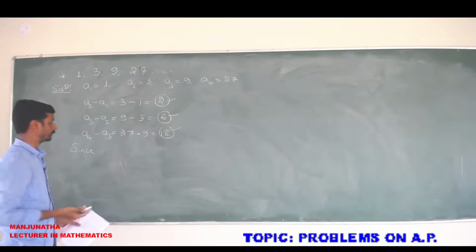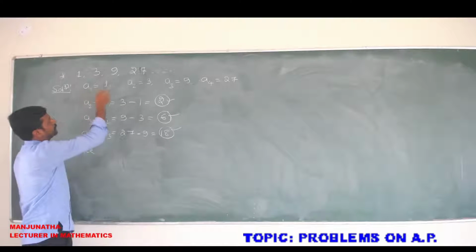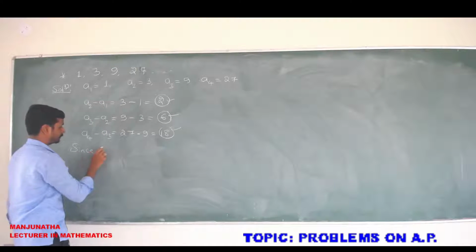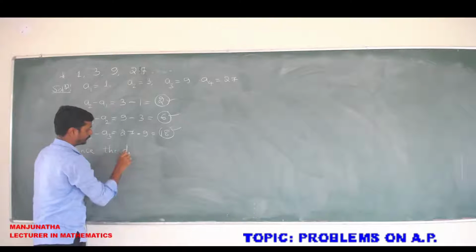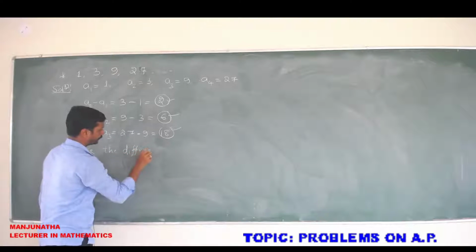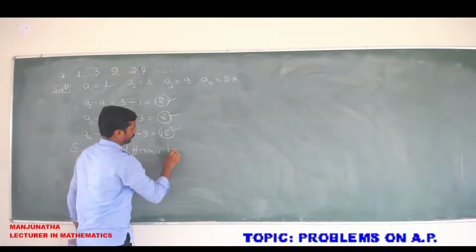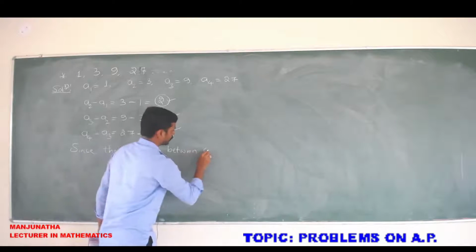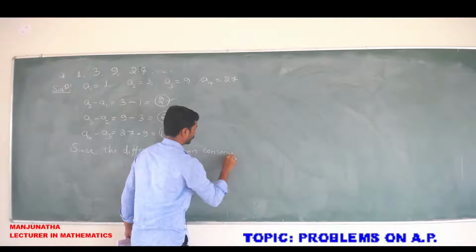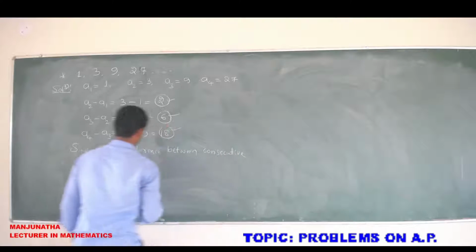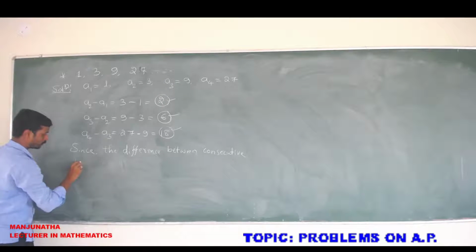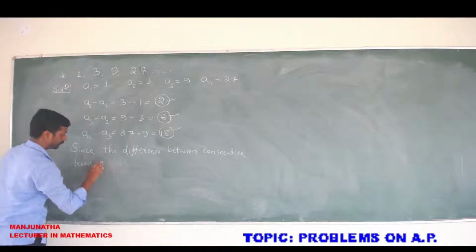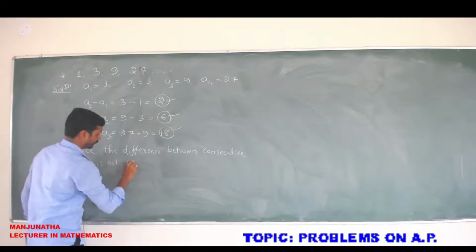They are not constant. Therefore this sequence is not an arithmetic progression, since the difference between consecutive terms is not constant.